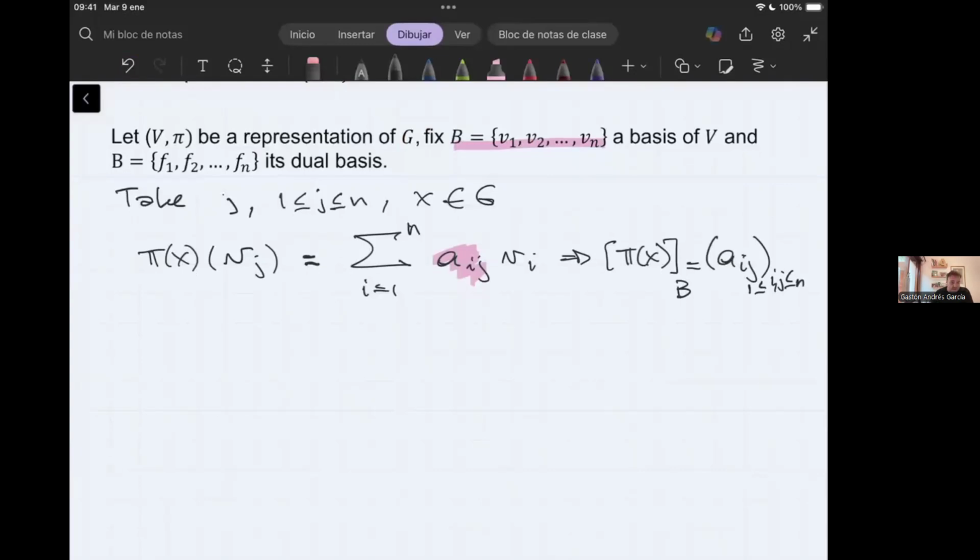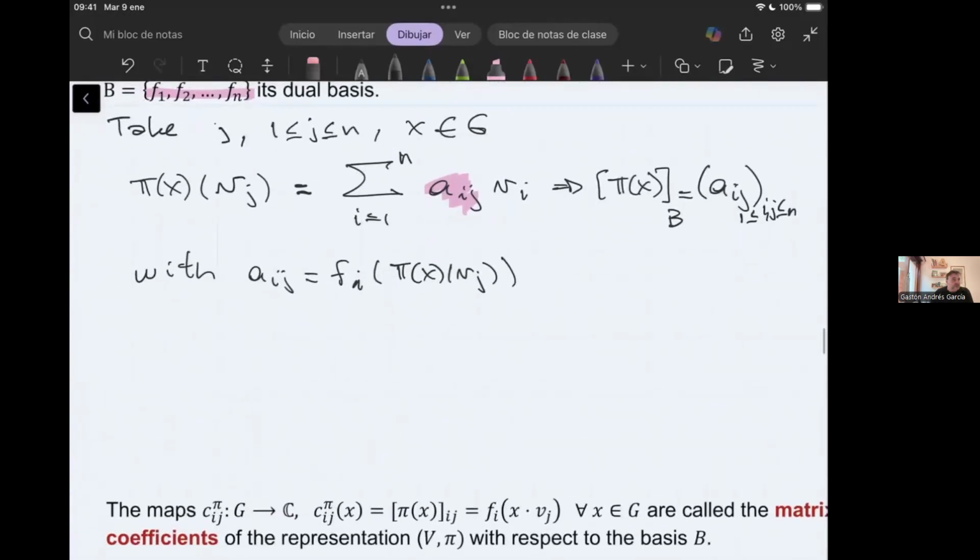So if we pick the dual basis of this basis, we know that the coefficients are written like this. Every a_ij is just the dual function f_i applied to the transformation of b_j. Yeah, this is the formula for our coefficients in the matrix.